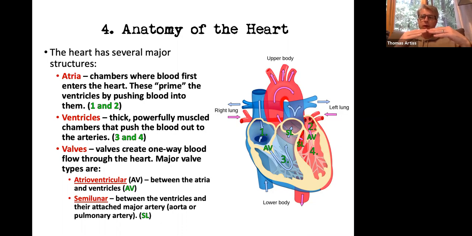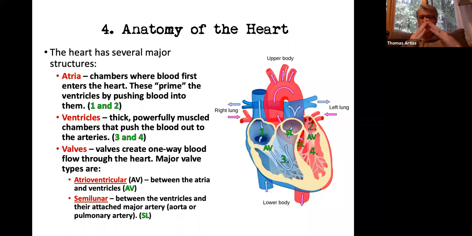But what happens then if blood is being pushed, in my case, from the bottom into another chamber above, the force of the blood moving from one chamber to the next will actually force the valves open. But then the valves are kind of tapered and point towards the chamber where blood is flowing.